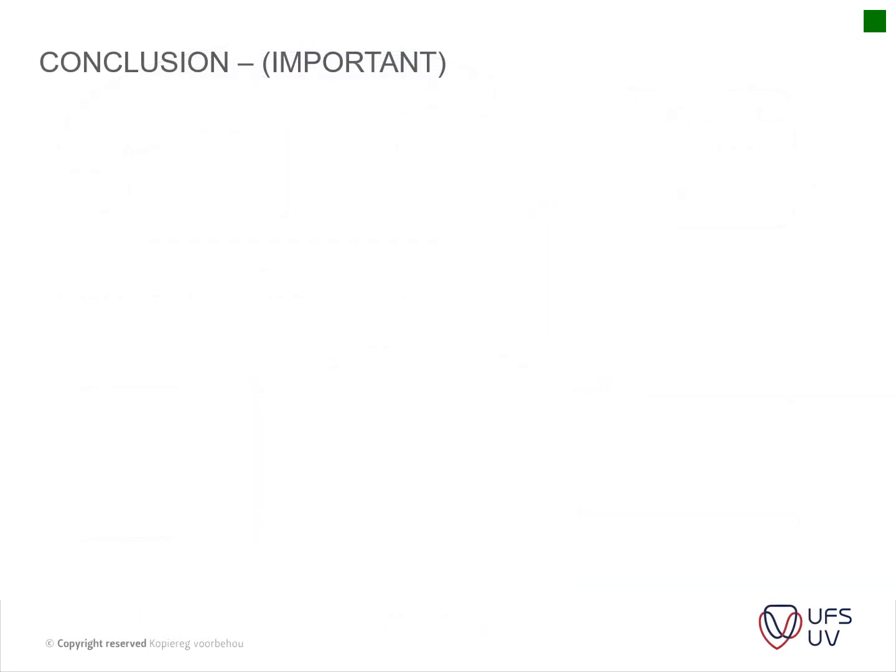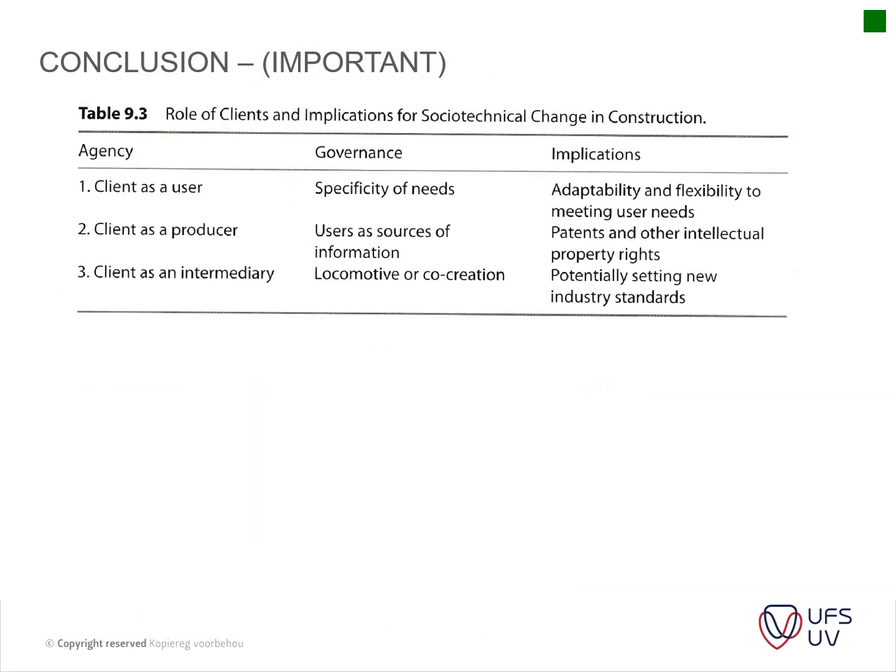So, and then in conclusion, we've got this little table, which is extremely important for me. You should be able to classify your clients as users, producers, or intermediaries. How do they govern their projects? They specify the needs, or they use users as a source of information, so producers.